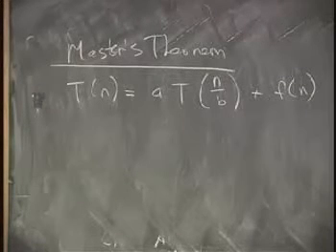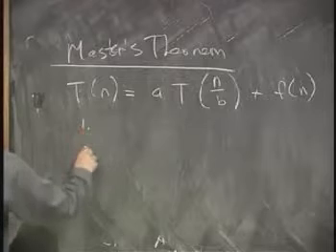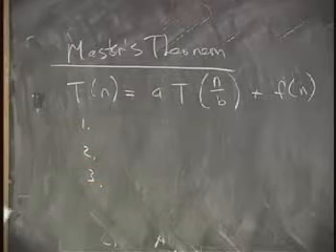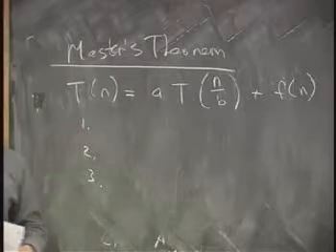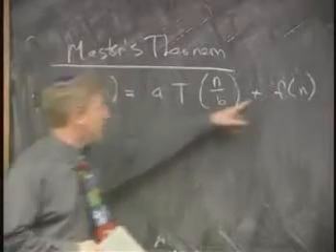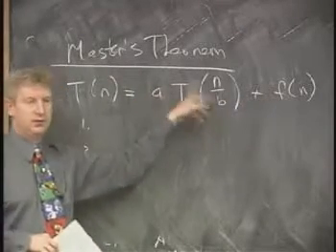And it divides it into 3 categories. Category 1, 2, and 3. And the categories compare this function to some combination of these numbers a and b.